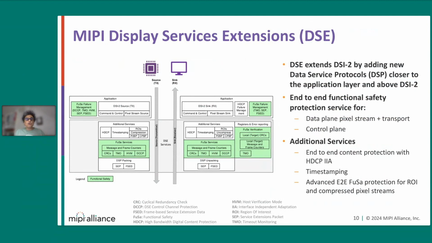It provides end-to-end functional safety protection for the data plane, the pixel stream for the transport, and also for the control plane. It also provides some other additional services like end-to-end content protection with HDCP, IIA, timestamping, and some advanced end-to-end functional safety protection for region of interest and the compressed pixel stream I was talking about.